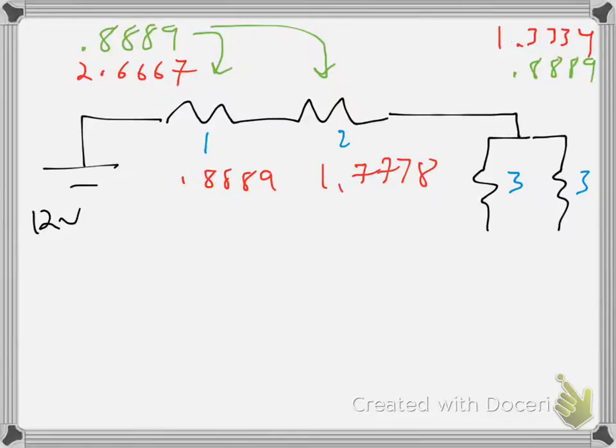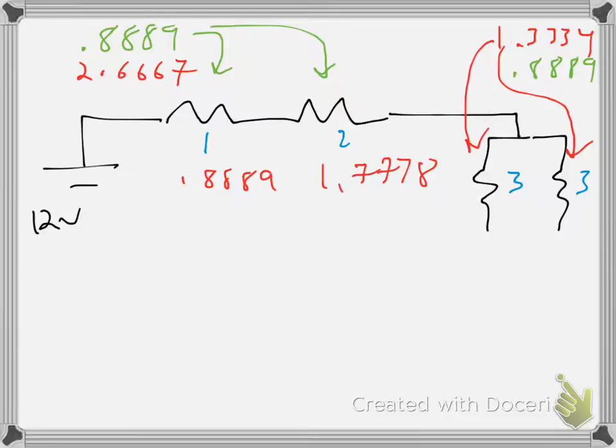Well, now we're in parallel, so my rules change a little bit. What that means is this voltage, 1.3334, is going to go into both of those resistors, and my current is what's going to change.